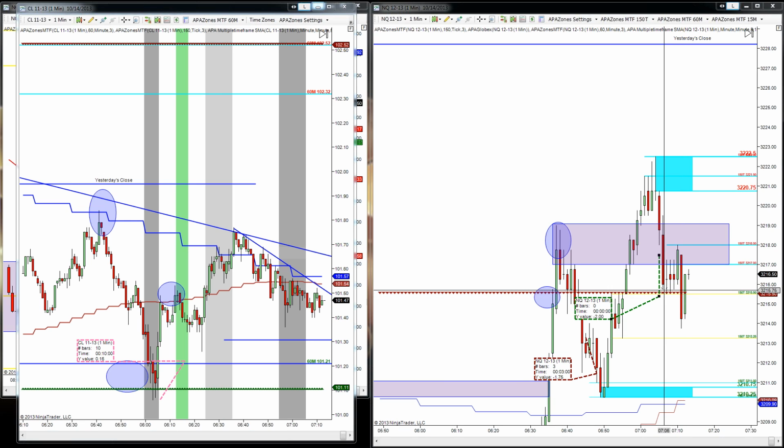Real big push to the downside there with that red bar. Let's see if we get a double bar in golf here.